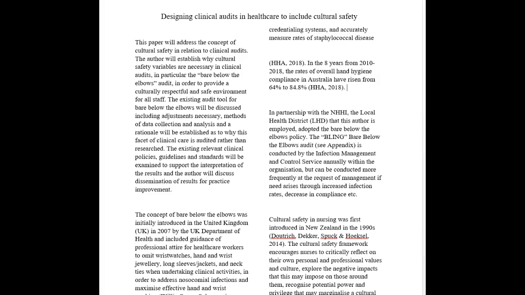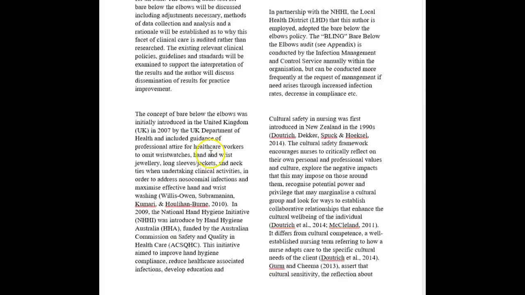Now, often what we find over time is because humans are ritualized creatures, that our practice becomes ritualized, and we sometimes can start to undertake things in our practice that are not exactly what the guideline says, that are sort of shortcuts, or the guideline changes and our practice doesn't change, that sort of thing. So we're comparing clinical policies, guidelines and standards, and that's what you're going to be doing.